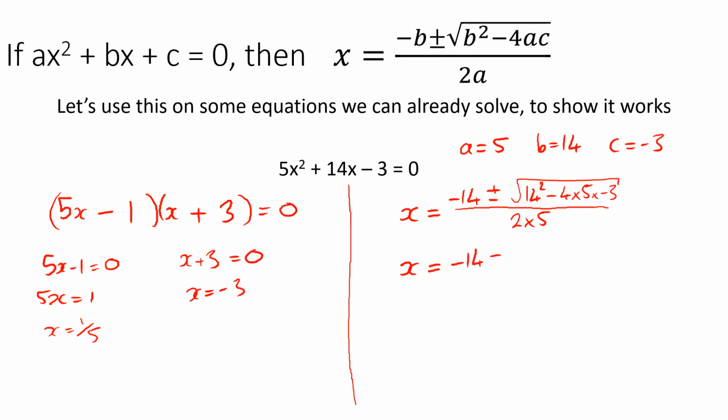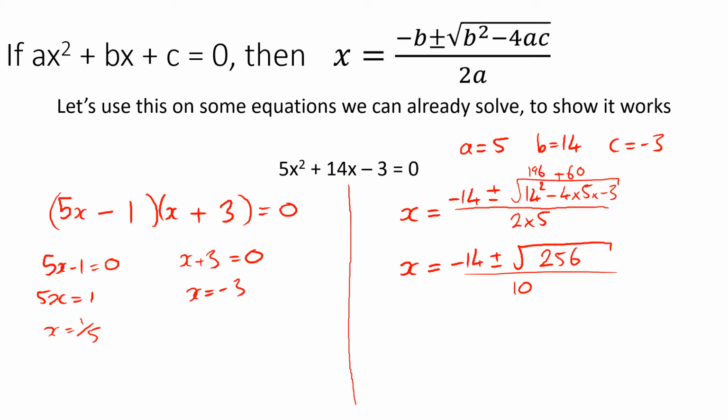So we should first work out what's inside that square root, as well as saying the bottom of this is 10. So 14 squared is 196. And then minus 4 times 5 times minus 3 is going to be a plus 60. So we'll end up with 256 inside that square root.